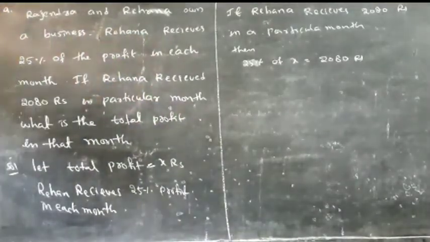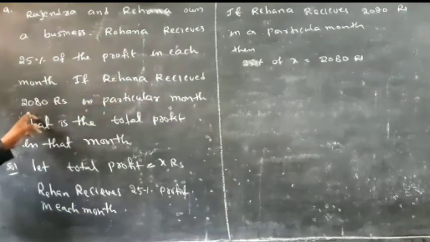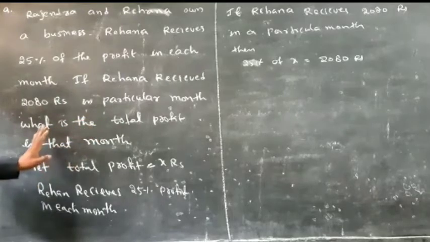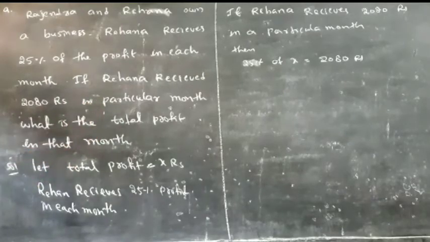In a particular month, Rehana received 2080 rupees. What is the total profit? You have to find the total profit.